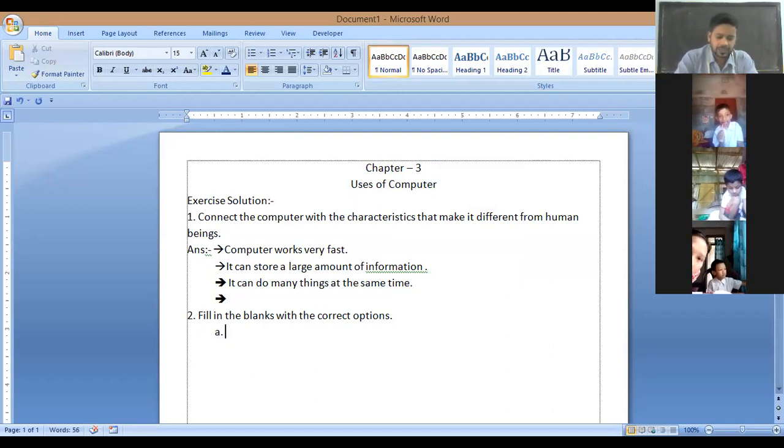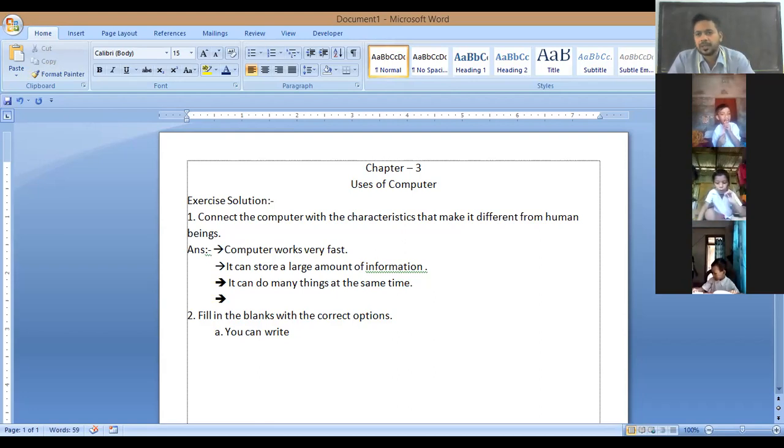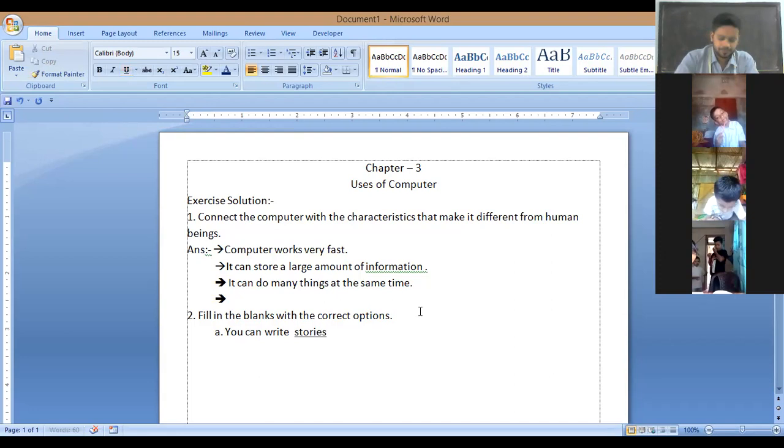So first one, you can write, dash on a computer. Let us write the answers together also. From the given options here, some options are given: calculations, movie, games, message, stories. From these options only we need to write our answer. So here you can write stories on a computer.